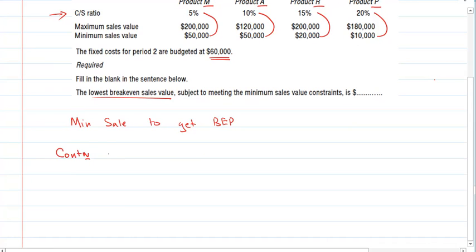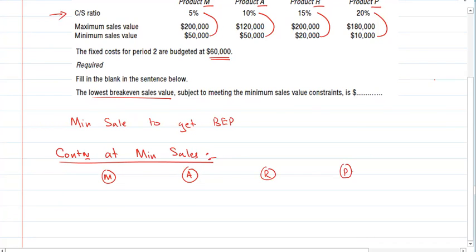Contribution at minimum sales. So we have four products, M, A, R, and P. The contribution will be the minimum sales of 50,000 multiplied by CS ratio of 5%.